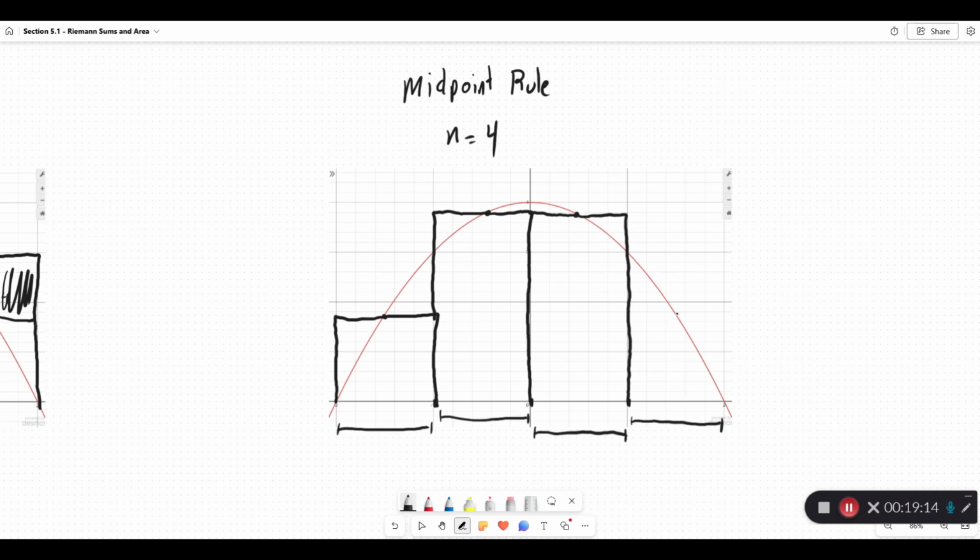So if you are doing a finite number of rectangles, it's usually better to choose the midpoint rule because every single section has its overestimation and underestimation. So in the red, that's all of our overestimation, and in blue, that's all of our underestimation.